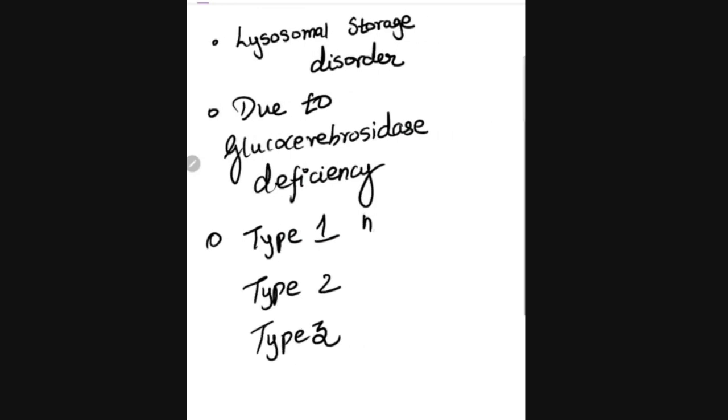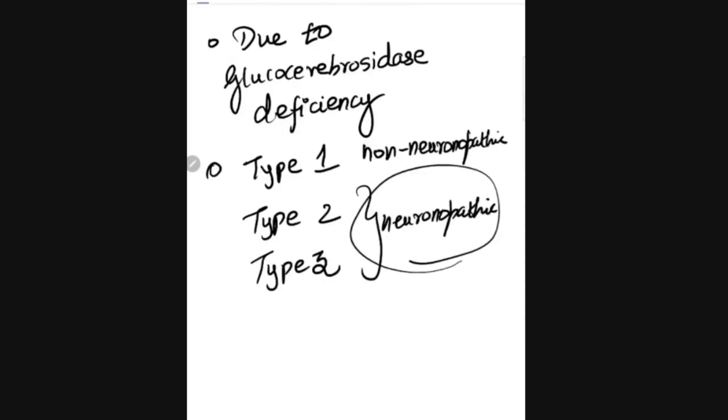One is non-neuronopathic, and the others are neuronopathic, that is, neurological involvement will be there. Some we divide into acute and chronic. In the neuronopathic forms, death will be due to brainstem dysfunction. Here they will have more respiratory complications.